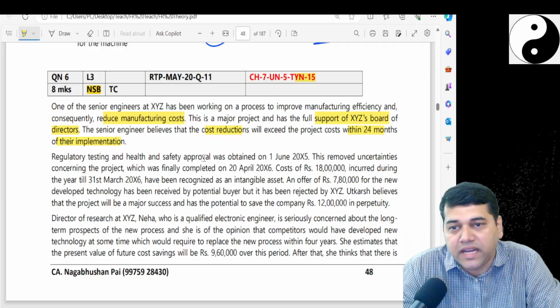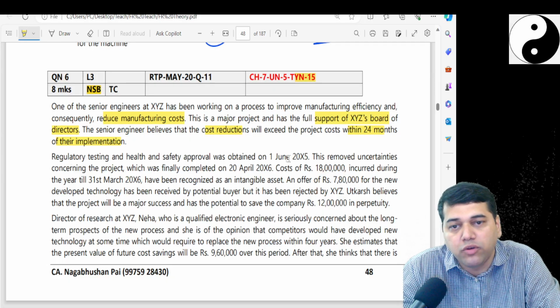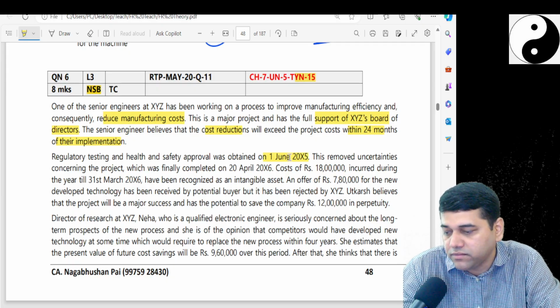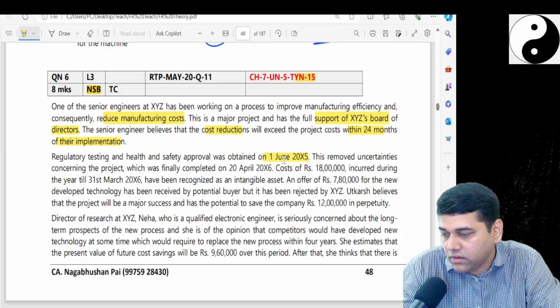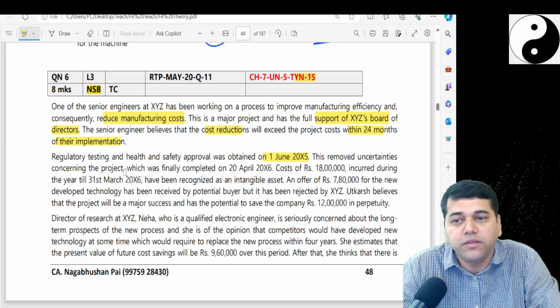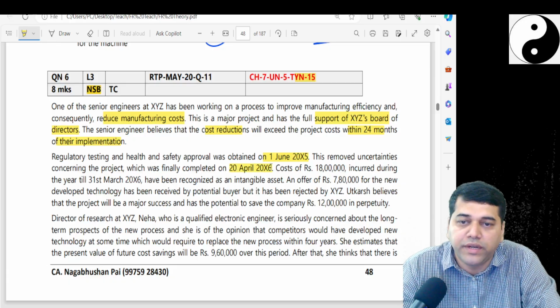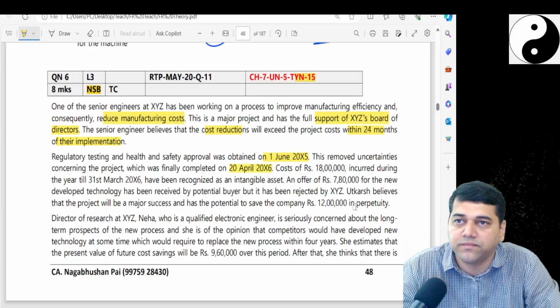Regulatory testing and health and safety approval was obtained on 1st of June 2015. This removed the uncertainties concerning the project, which was finally completed on 20th April 2016.